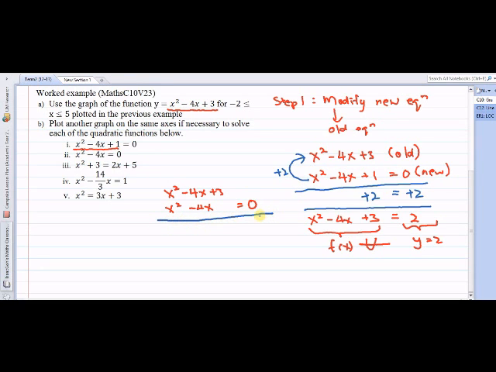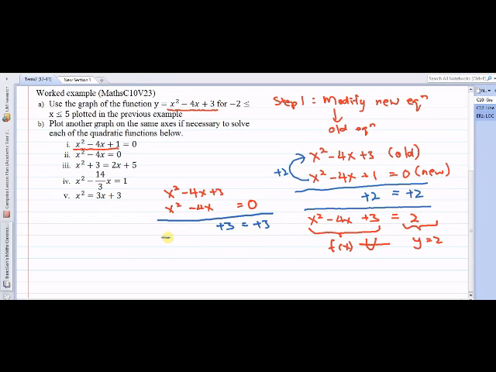Comparing the old and the new equation, we know that the difference is plus 3. Positive 3 minus 0 is equal to positive 3. So whatever we do to the left, we have to redo it at the right.